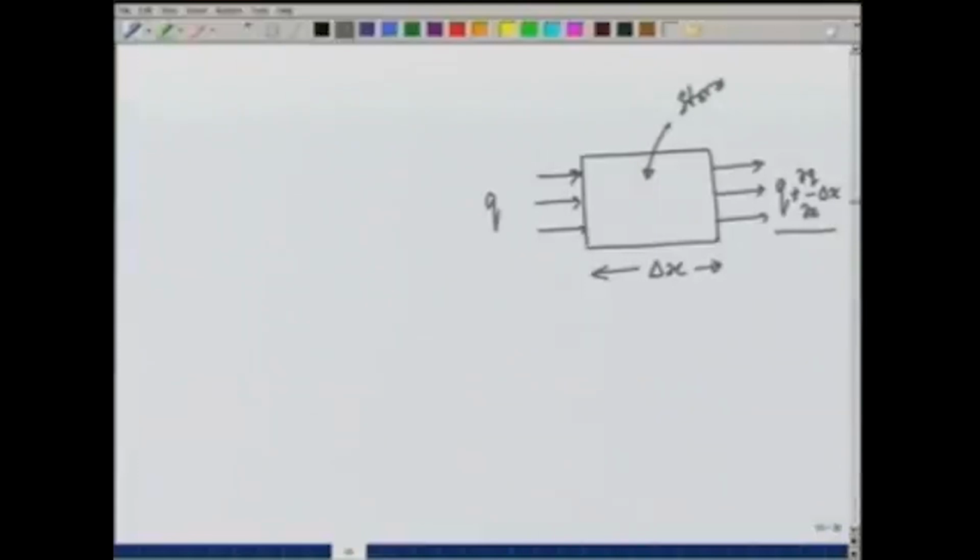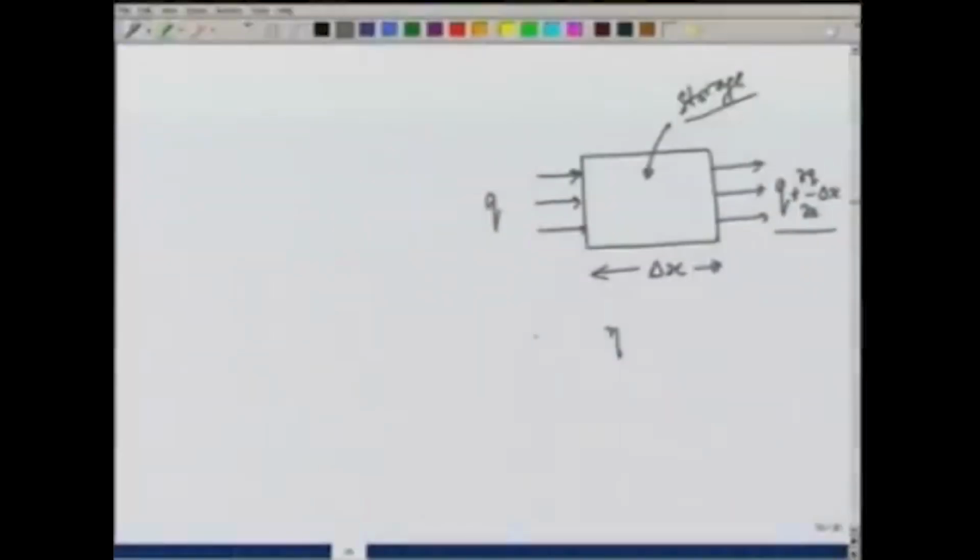So, there is some water stored in this element, and if we assume that the porosity is eta and consider unit width perpendicular to this plane, then the volume of water present inside this elementary volume can be given by, let us say that the width is 1 and also 1 perpendicular to this plane.